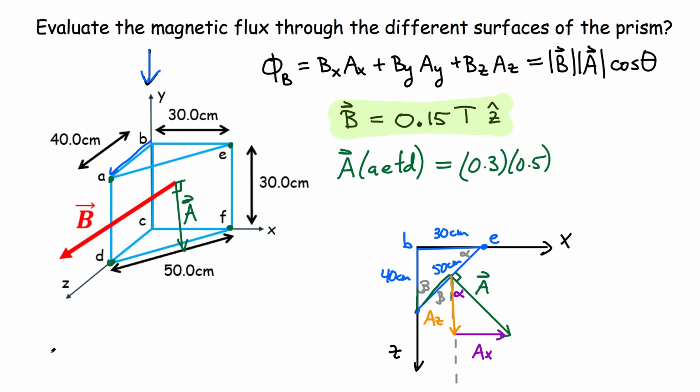So let's go ahead now and write it out that the vector A is going to be an x component. Now the x component is going to be the vector A multiplied by sine of alpha. And that is pointing along the x hat direction. That's basically AX right here. I've just used some trigonometry here. This is AX. And now to that, I want to add this other component, the z component of that vector.